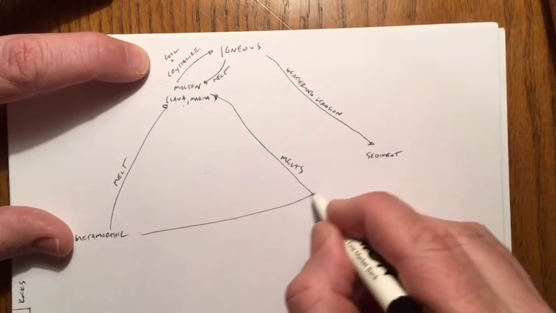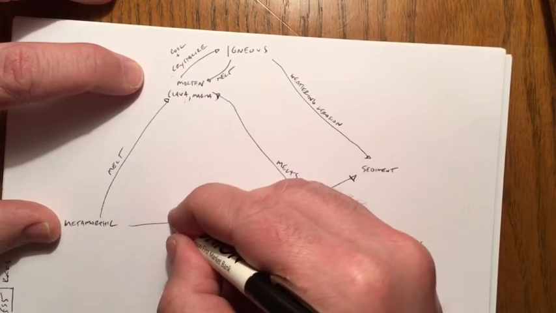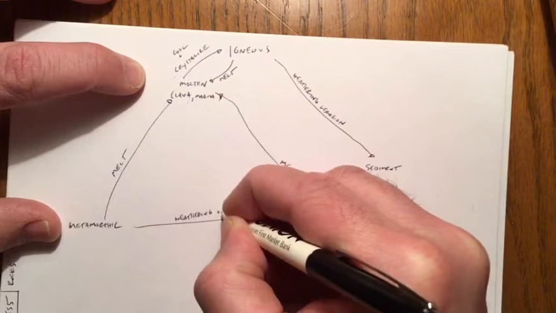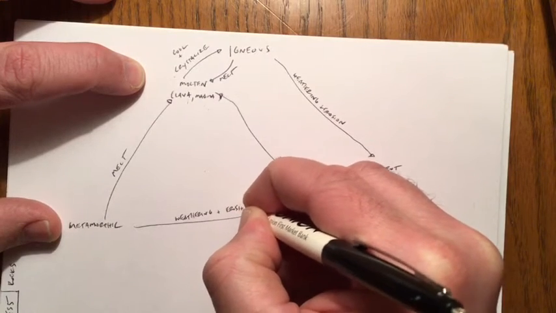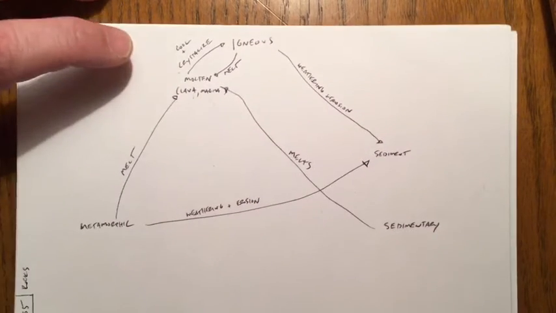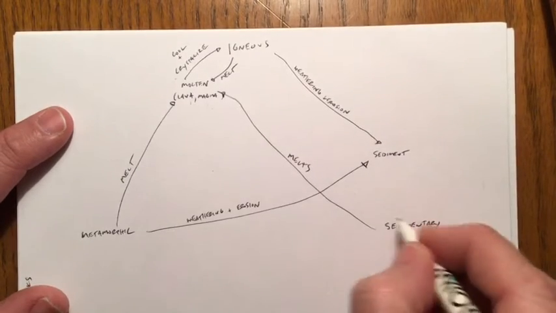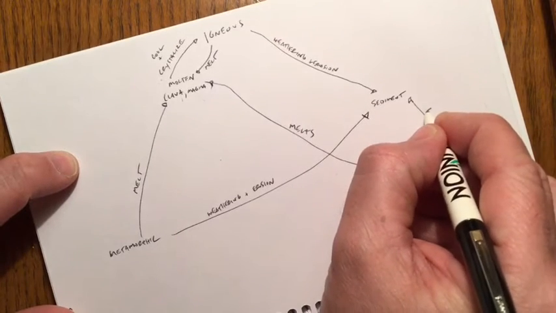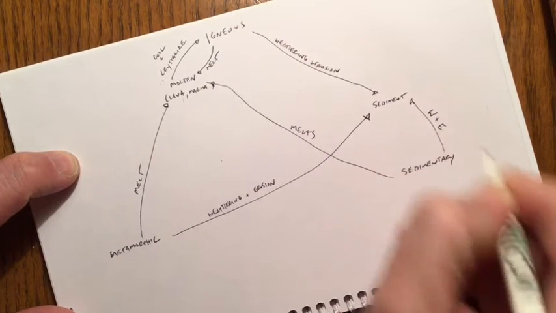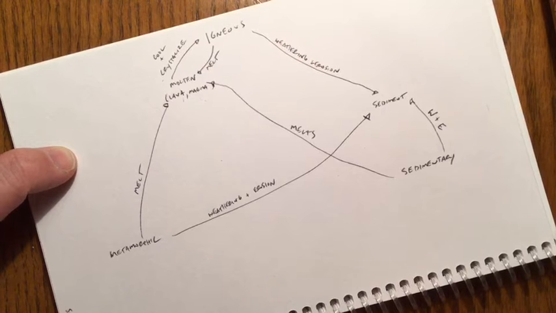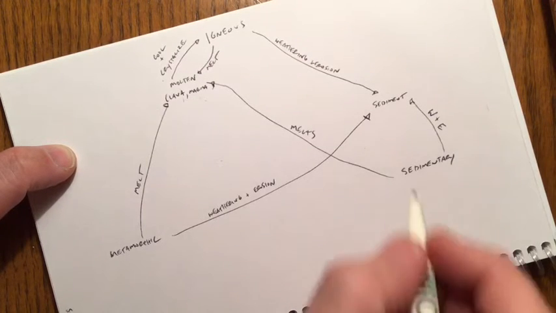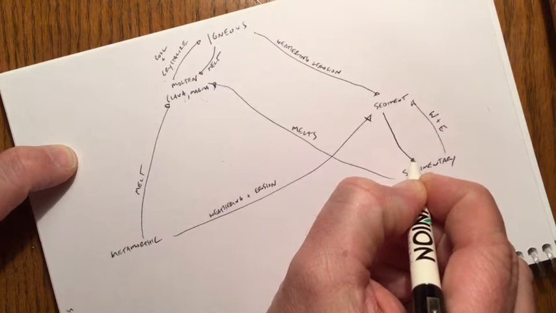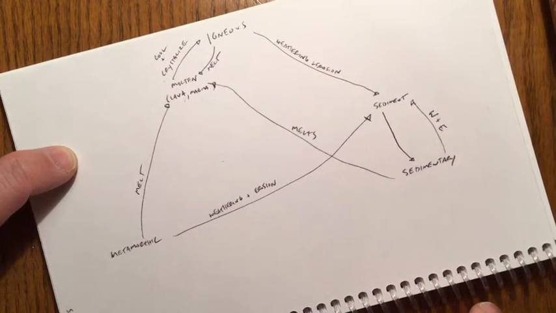Likewise, if a metamorphic rock goes through weathering and erosion, it also becomes sediment. And even a sedimentary rock, and I'm just going to put W and E for space here, weathering and erosion, sedimentary rock also becomes sediment. And once a rock is sediment, it has to become sedimentary.